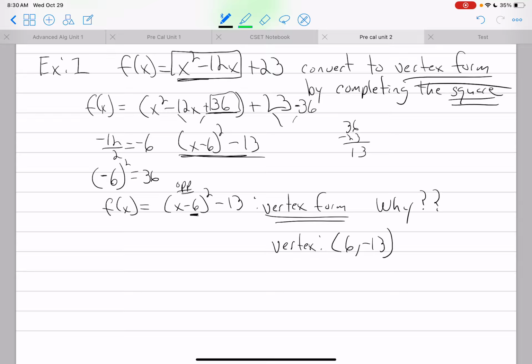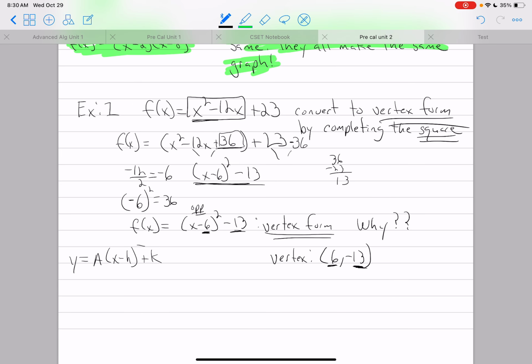And remember when we did those shifts, right? y equals a times x minus h squared plus k, right? The k value told me to go down 13, so that's where my vertex is. And the h value is the opposite, so negative 6 actually equals positive 6. We've done that before when we've done the transformations, okay? So that was my first example.